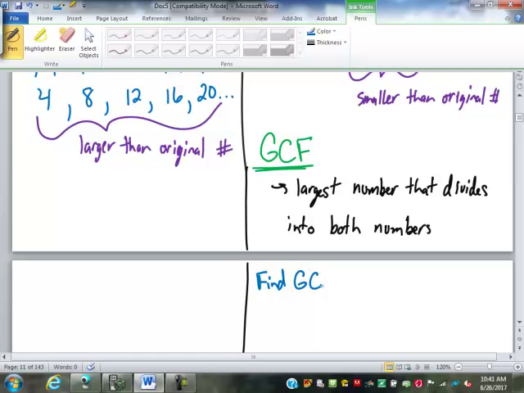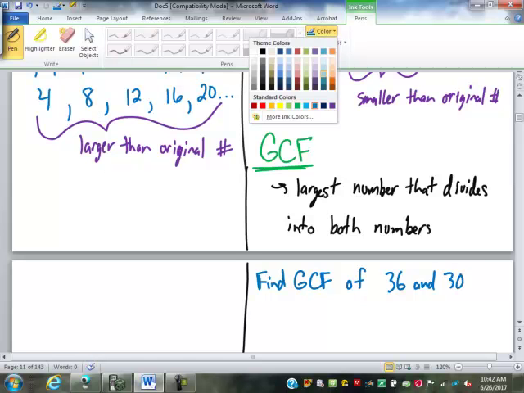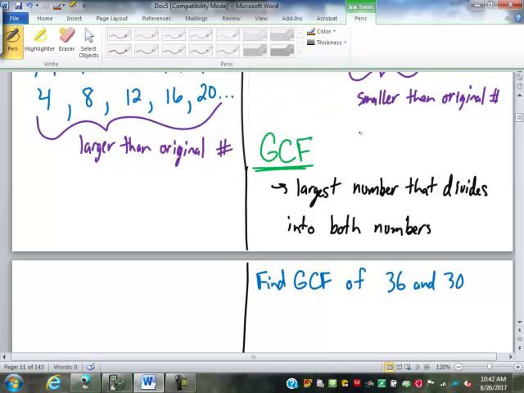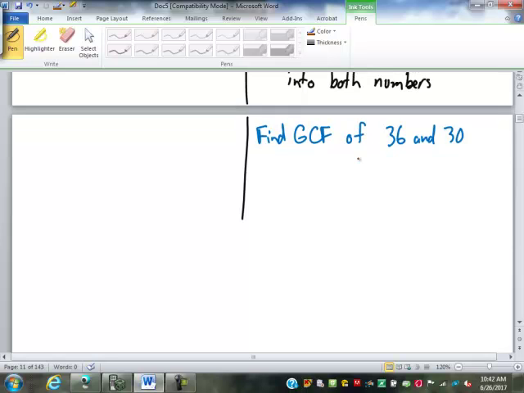So if I ask you to find the greatest common factor of 36 and 30. Some of you might look at that and be able to say 6 is the largest number that goes into both of them.